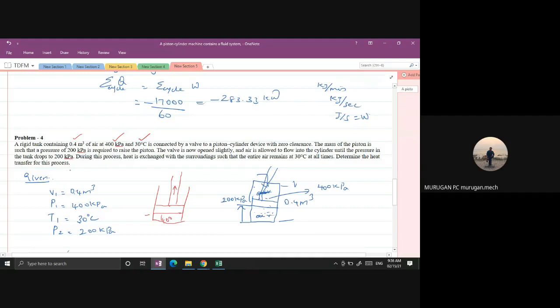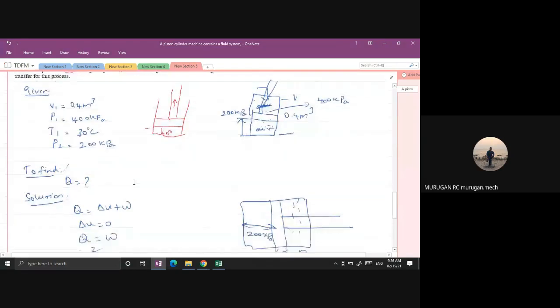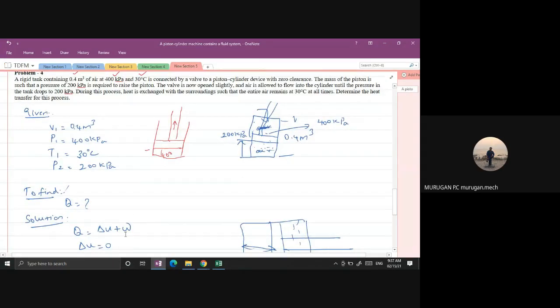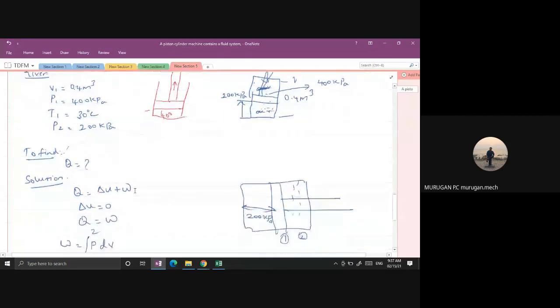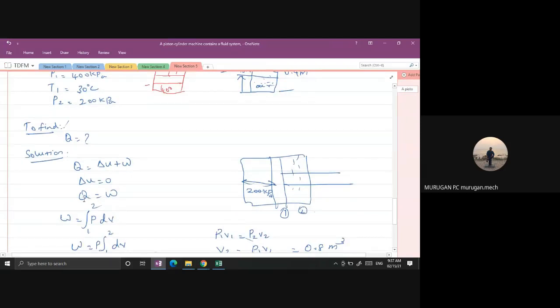Can anyone tell me the formula to find Q? Q is equal to del U plus W. Here the internal energy change is zero, so del U is zero, therefore W equals Q. For the piston cylinder displacement, the work done is given by integral 1 to 2 P dV.